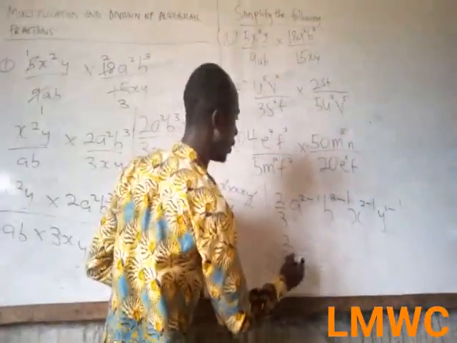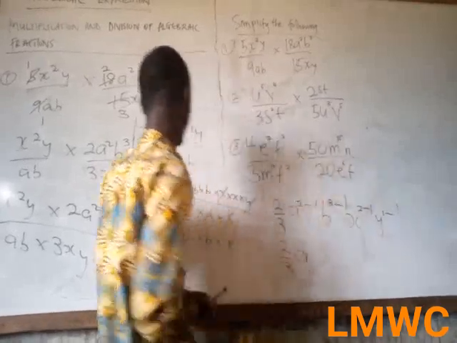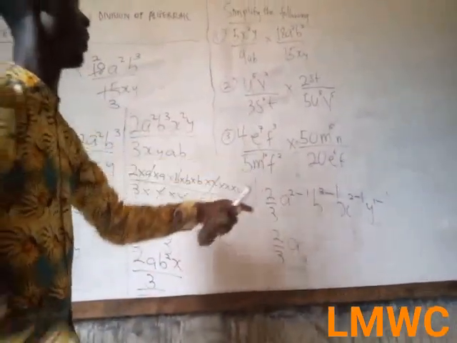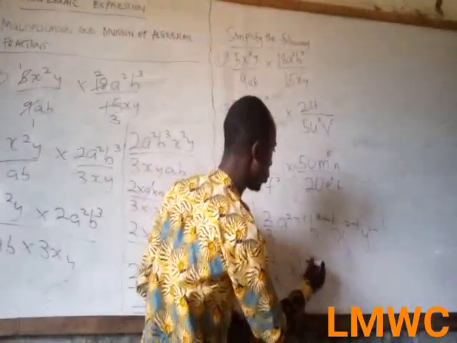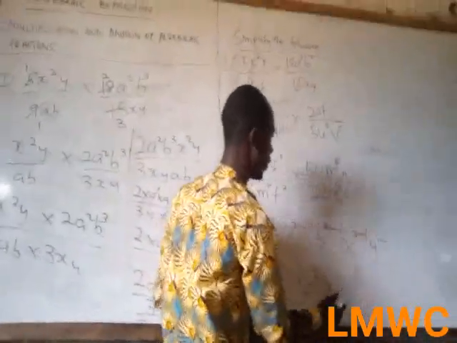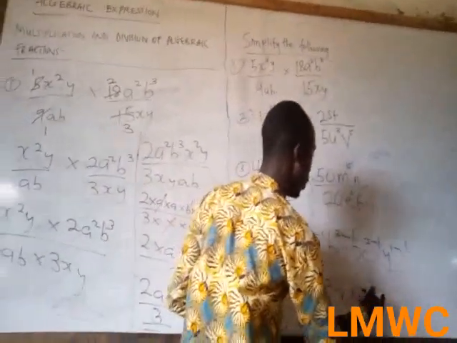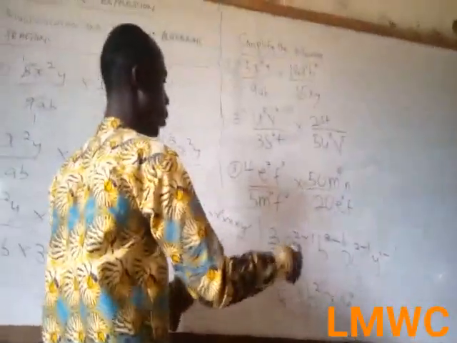We have 2 over 3a, because 2 minus 1 is a raised to the power 1, but it's the same as a. So b squared x y 0, and y raised to the power 0 is 1.